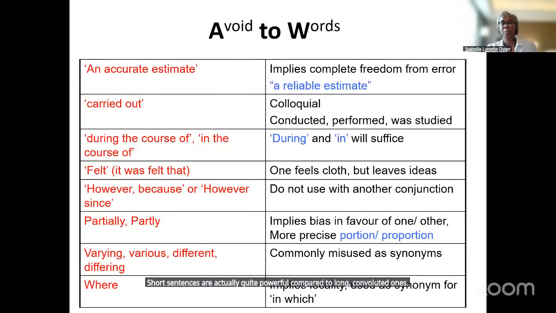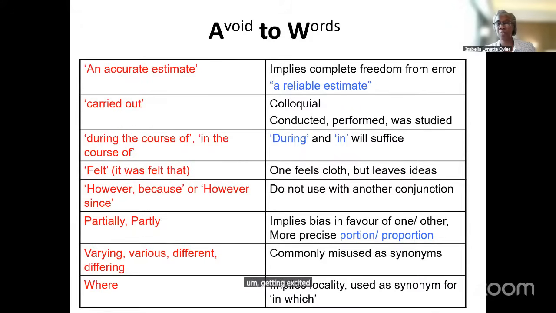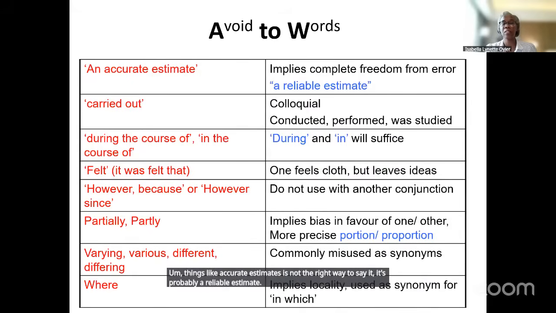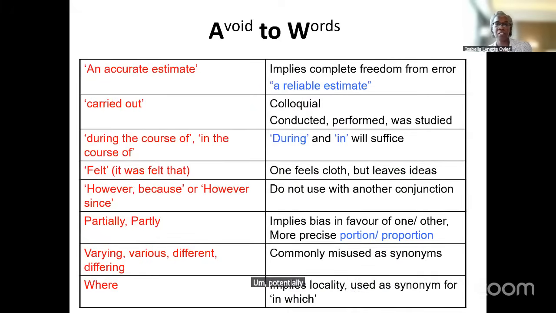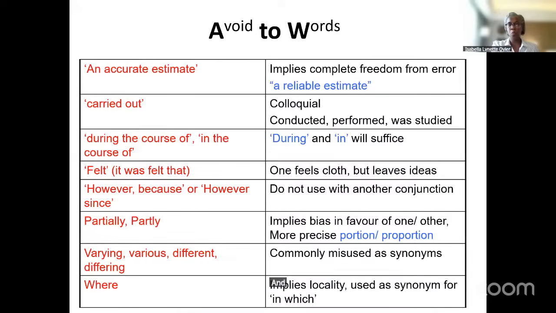Here are some examples of words to avoid, from A to W. Be careful about getting excited with your work or your great idea. Something like "accurate estimate" is not the right way to say it. It's probably "reliable estimate", because remember, these are all based on hypotheses and tests. Think about the differences between saying something was carried out, conducted, or performed, or studied.